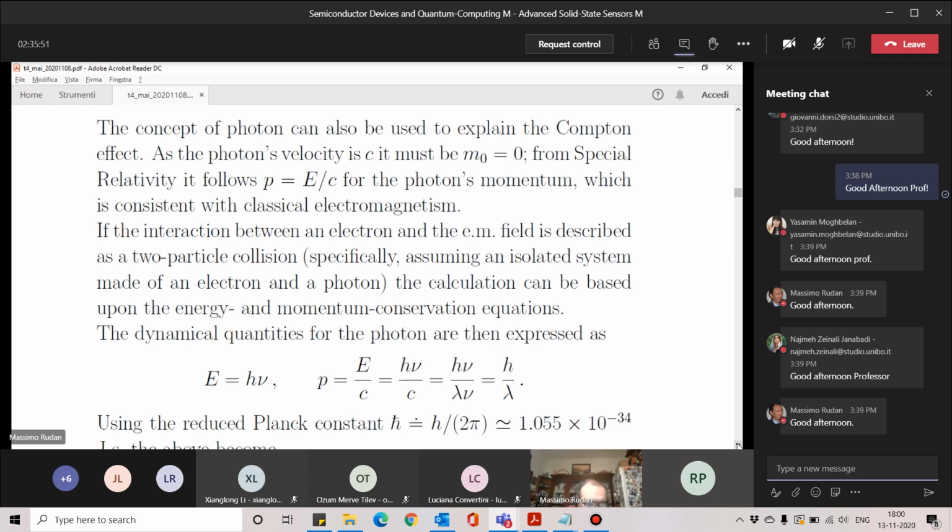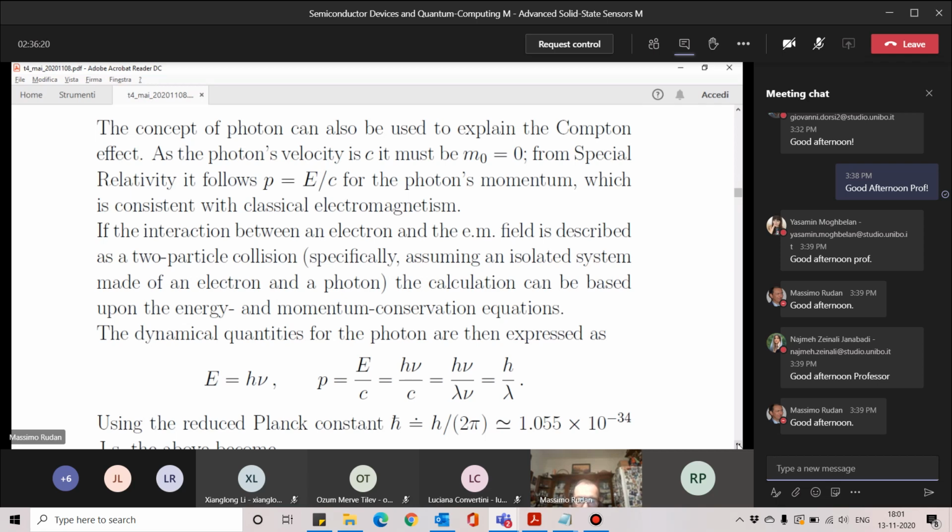It fulfills the invariance prescription of special relativity. So if one calculates the momentum of the electromagnetic field starting from the Maxwell equations, one finds that the momentum is the energy of the electromagnetic field divided by c.